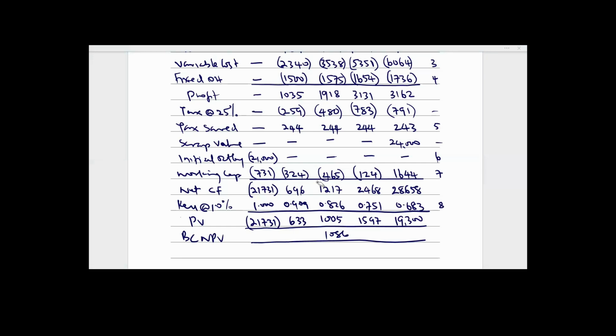There is 1853. So 19,300 plus 1853 plus 1,005 plus 633, then minus 21,731 equals 1060.